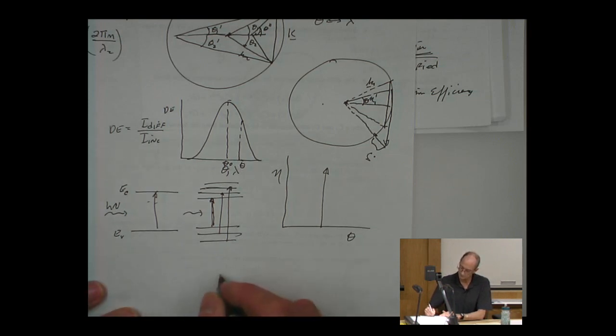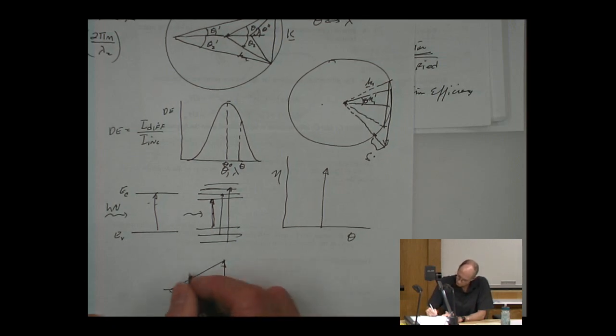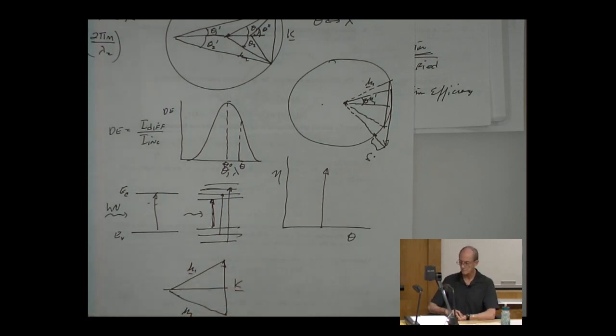Here is K, and if we form that with K1 and K2, we have that grating vector that we make.